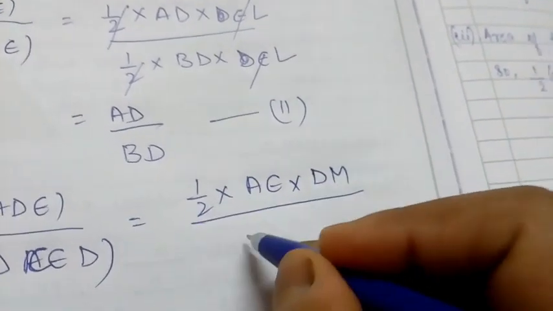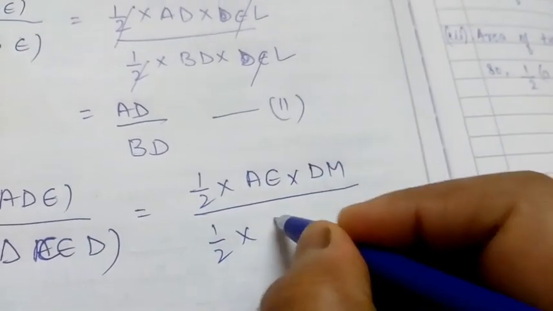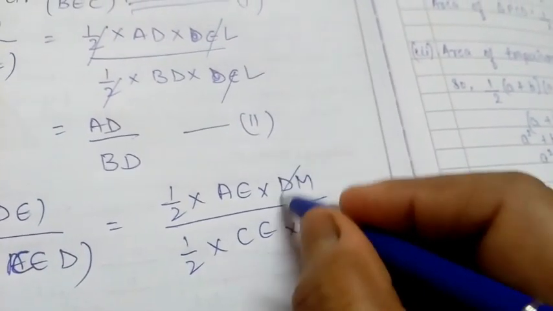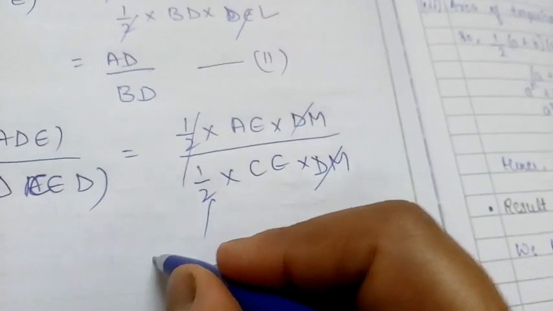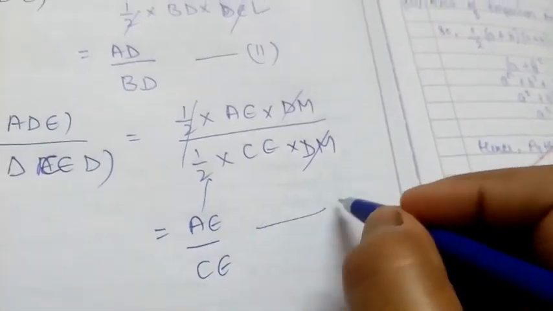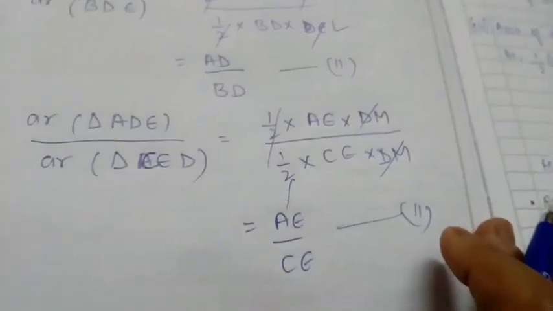Similarly for CDE, 1 by 2, CE into DM. Cancelling DM and the half, we get AE upon CE. This is the second equation.